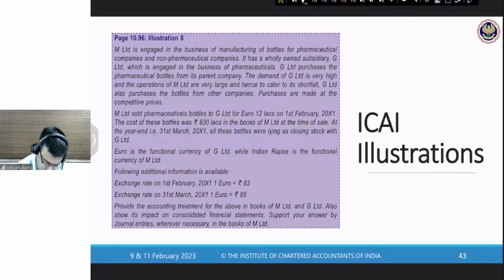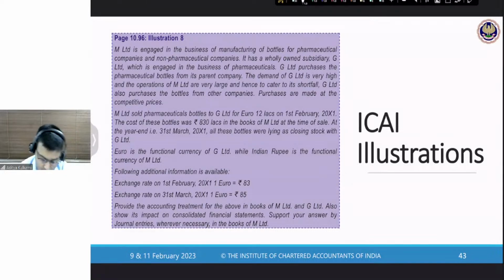Exchange rate on 1st February, 1 euro equals 83 rupees, and on 31st March, 1 euro equals 85 rupees. Provide the accounting treatment for the above in the books of M and G. Show the impact on consolidated financial statements. Support your answer by journal entries.